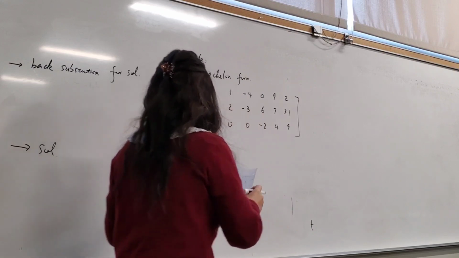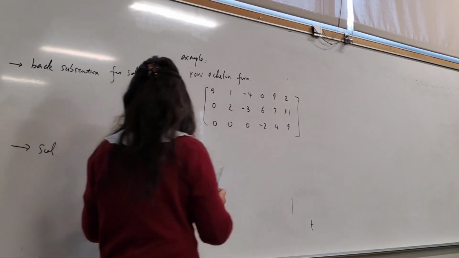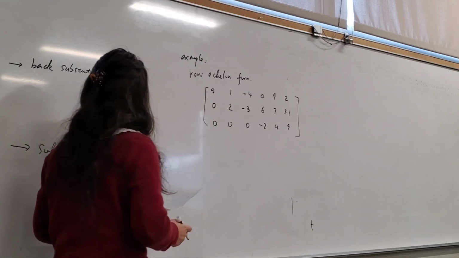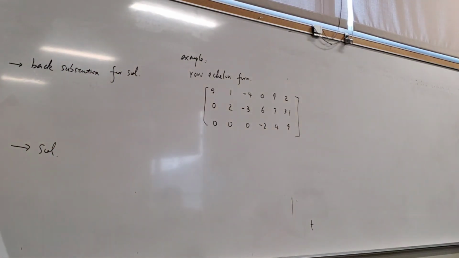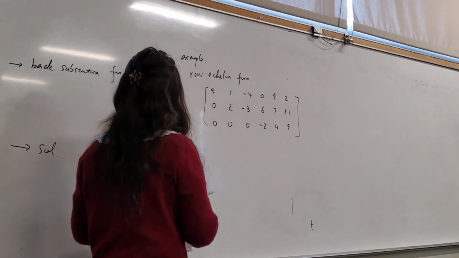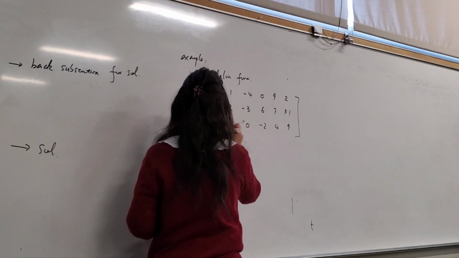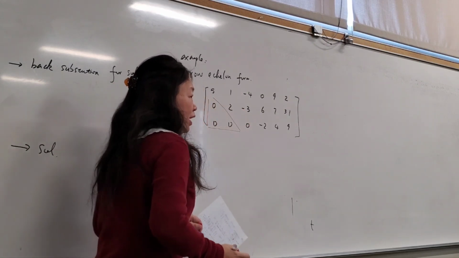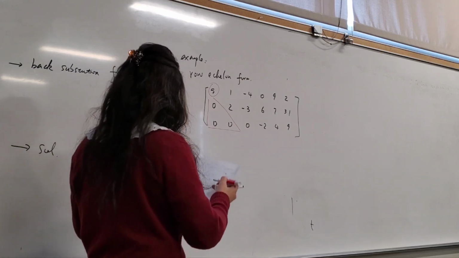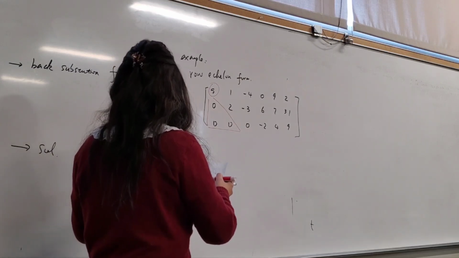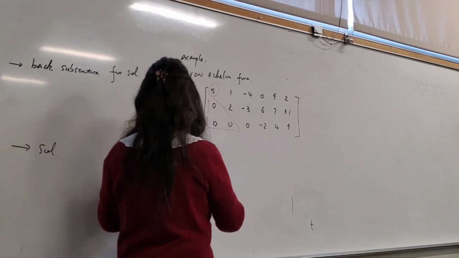Okay, this is called the row echelon form. First of all, let's see. Do I have a lower zero triangle right here? Okay. And this is a number, a 5 on the top. For the row echelon form, that can be any number.